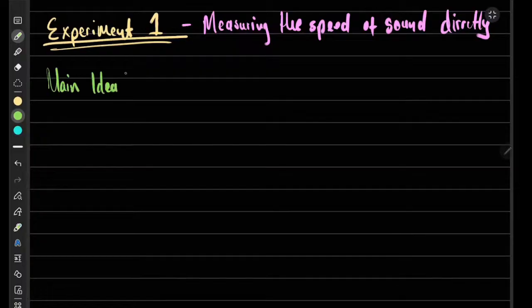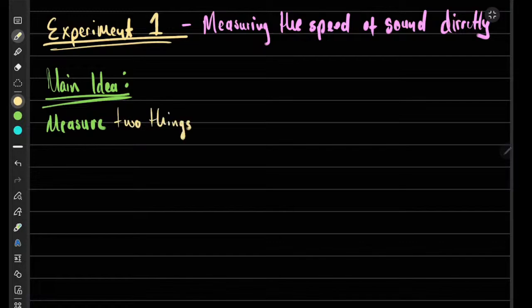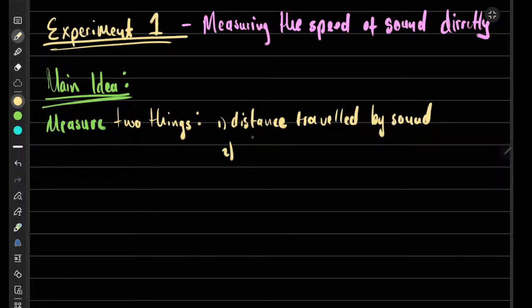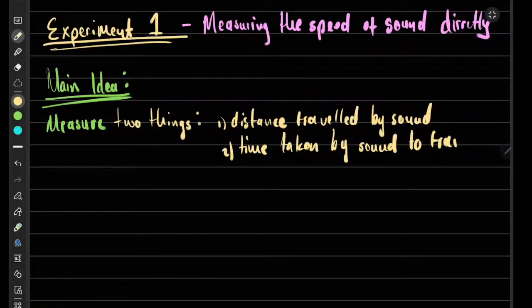The main idea is you're going to measure two things. One, the distance traveled by sound. Then two, the time taken by sound to travel the distance.